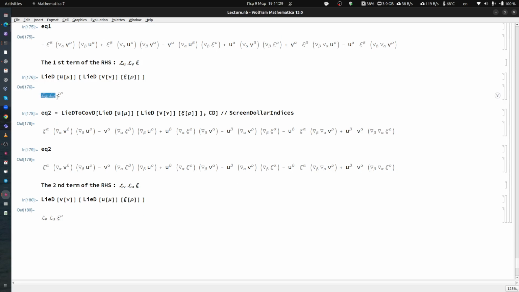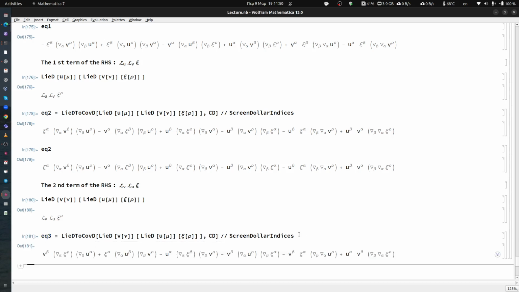Before we had LULVXC, now we have LVLUXC. And then we expand everything with respect to the covariant derivative CD and save that into a symbol called equation 3.